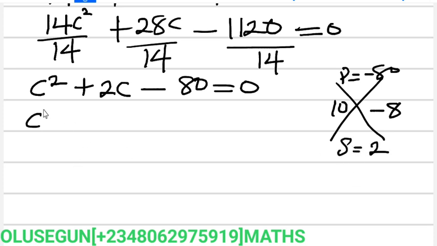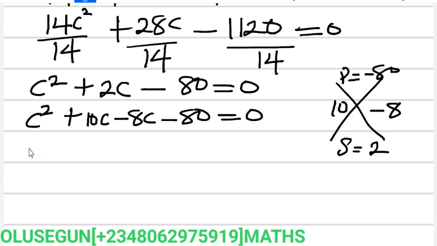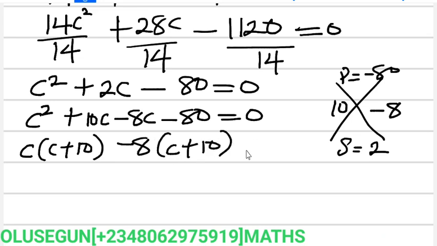So therefore, we have c squared plus 10c minus 8c minus 80 is equal to 0. C is common, c plus 10 minus 8 is common to c plus 10 is equal to 0.